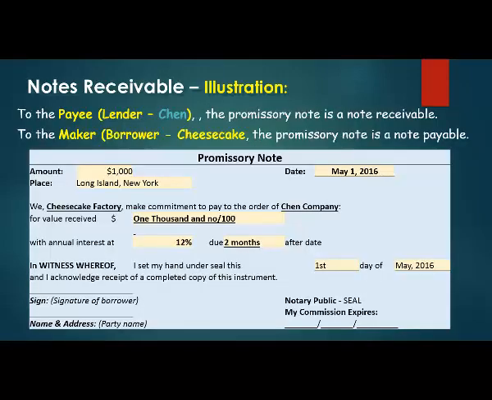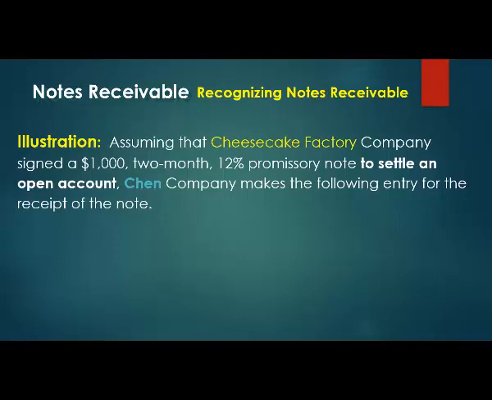Let's use this note. The lender is Chen Company, the borrower is Cheesecake. Cheesecake borrowed $1,000 for 2 months with an annual interest rate of 12%. So remember, this is a note that is being created to settle accounts receivable. Okay.